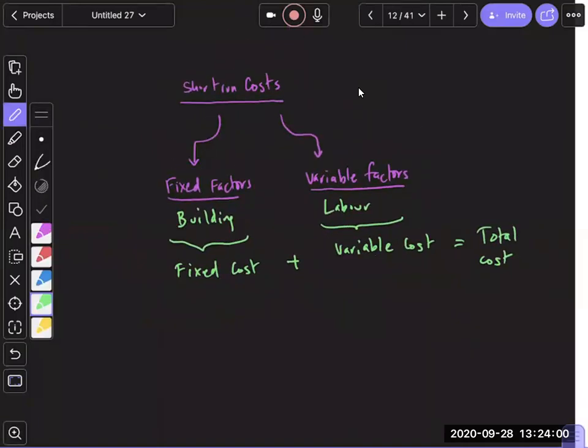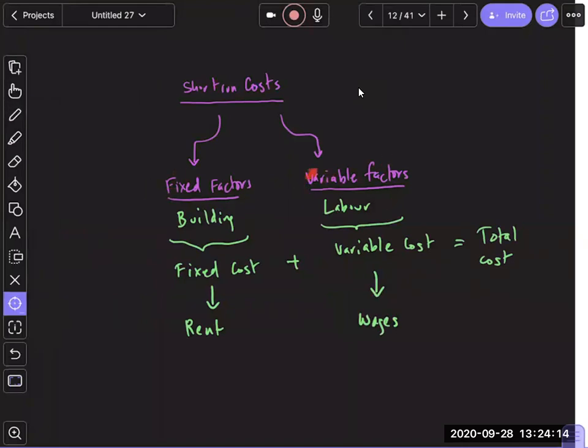The fixed cost would be the rent, which was the capital cost, and the variable cost was the wages to labor. So in the short run, because there is a fixed factor and a variable factor, there will be fixed cost and variable cost, and fixed cost plus variable cost makes up your total cost. Does that make sense? Any question before we move on?